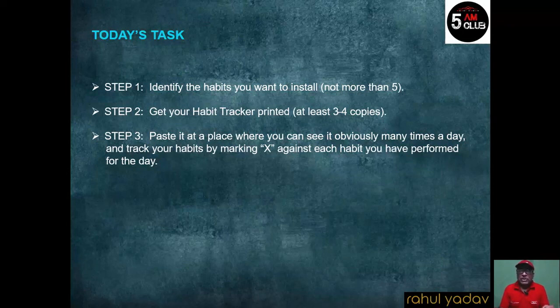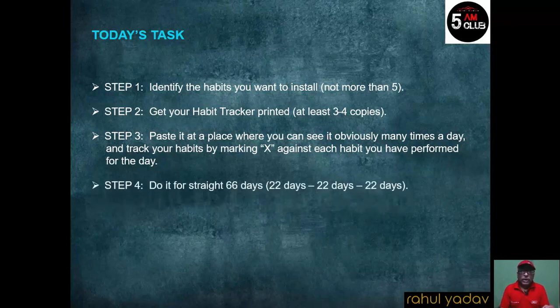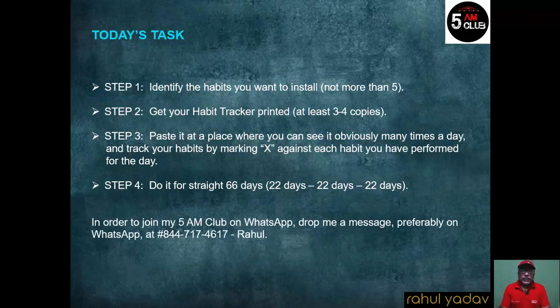Just put a cross every single day once you have performed that habit, and you will feel happy. And the fourth point is do it for straight 66 days, don't drop it. First 22 days, second 22 days, and a set of last 22 days. This way you can install your habits.